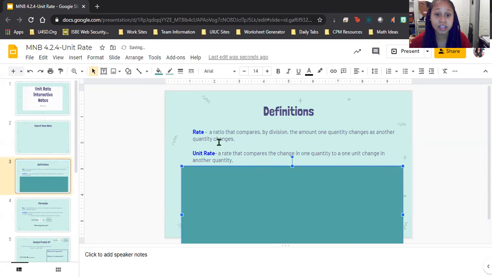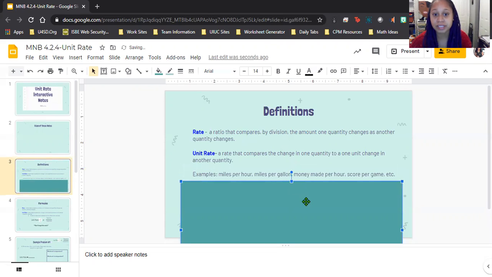Specifically, a unit rate is a type of rate that compares the change in one quantity to a one unit change in another. So we're calculating how much something is changing compared to one unit measurement of the other variable. Some examples would be miles per hour, miles per gallon, money made per hour, score per game.